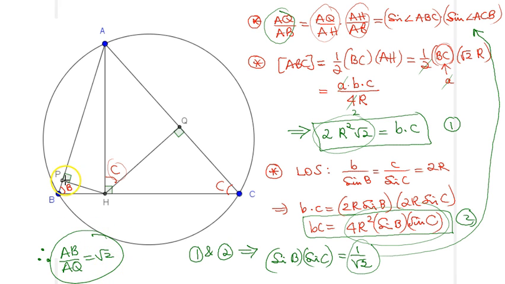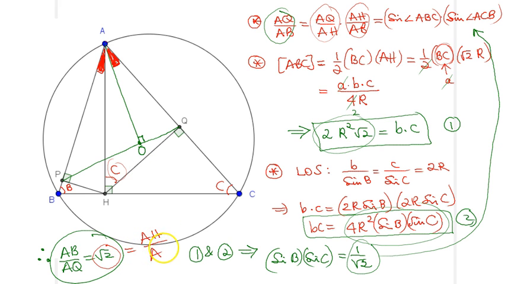So we have simply proven that, for this triangle, you can call this O now, we have first shown that these two angles are equal, this angle and this angle here. Moreover, I can also see that the ratio of AB to AQ is √2, and it's also given as a condition in the problem that AH to AO is also √2.